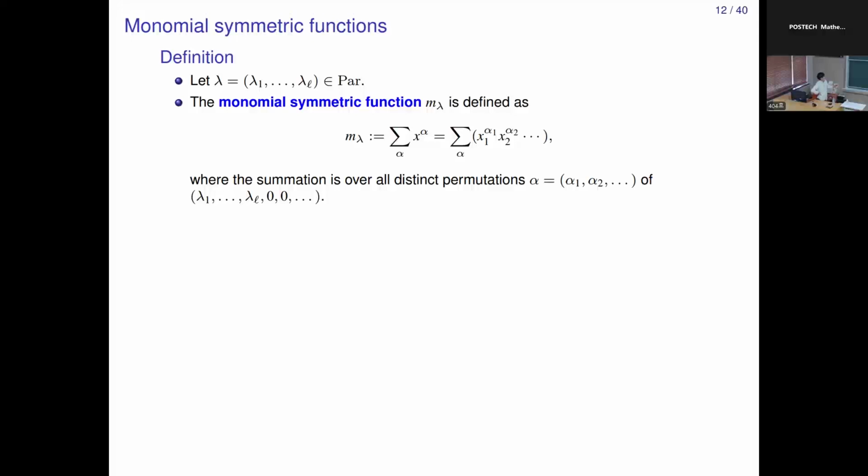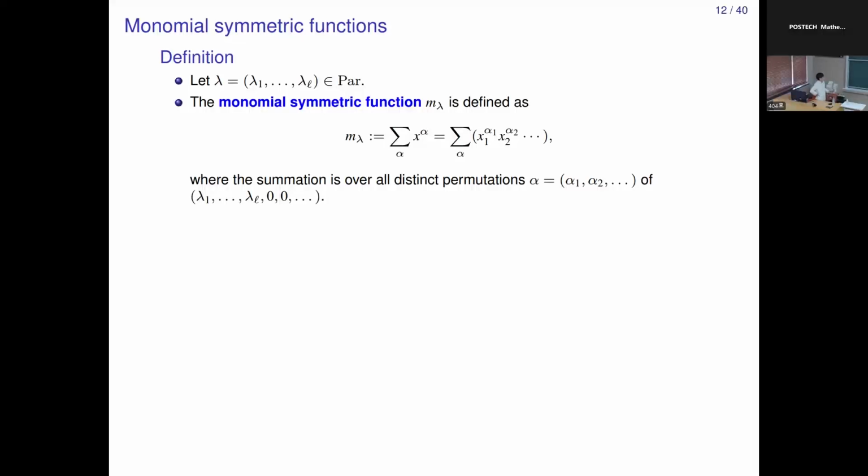We start with this lambda, but I'm going to attach zeros at the end to make it an infinite sequence. There are infinitely many ways to permute them, and for all distinct permutations, I'm going to add this monomial.